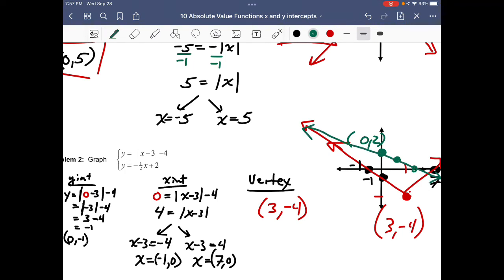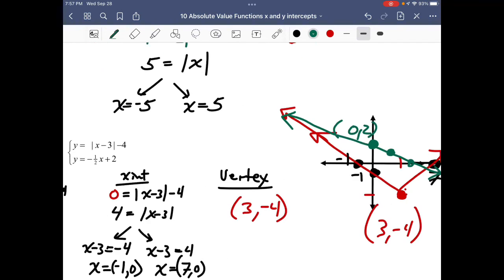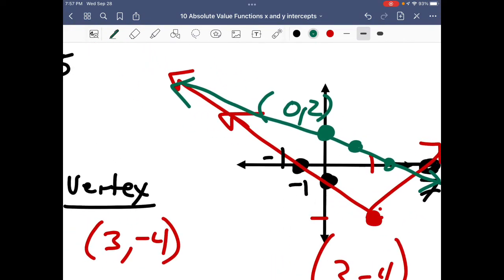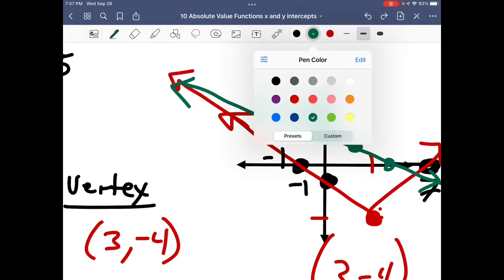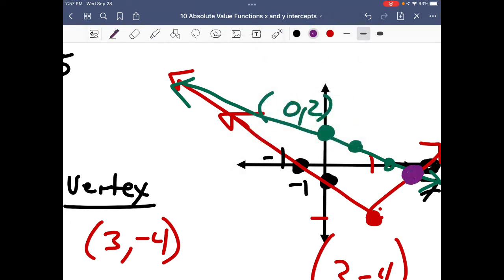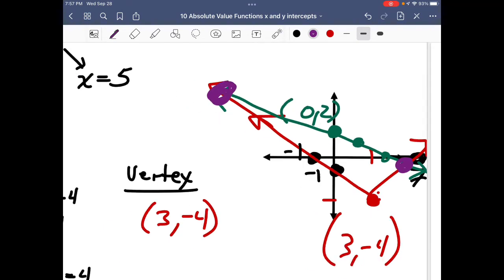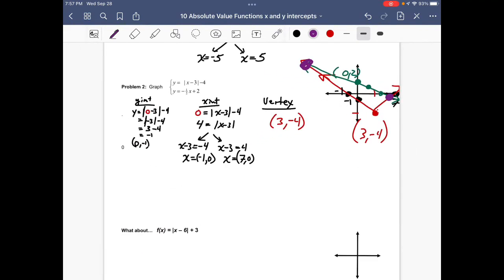Now, I had to fudge this a little bit because my lines are not supposed to have the same slope. So my green line eventually does crisscross. It intersects at this purple point, and it intersects at this purple point. Just so you understand, it's actually those purple points that we're trying to find.